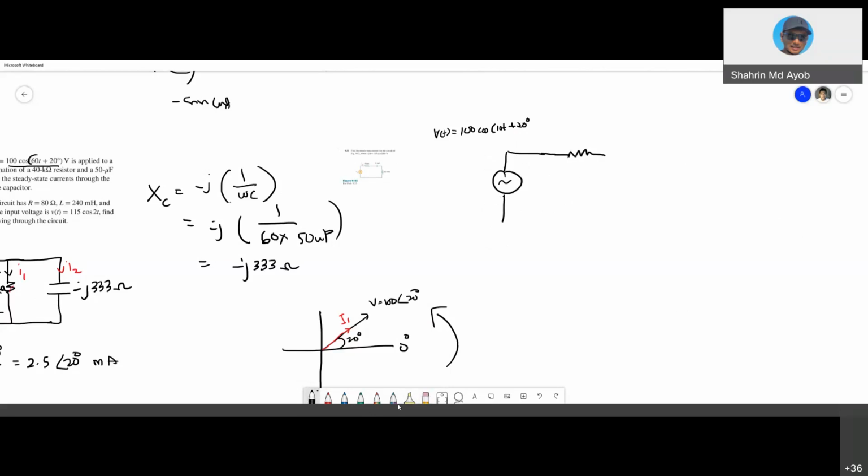You have a resistor connected in series with a capacitor. The resistor, for example, I put maybe 5 ohm, and my capacitor is 20 millifarad. Can you calculate for me what is the current?